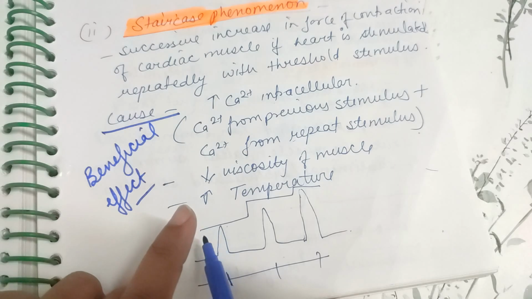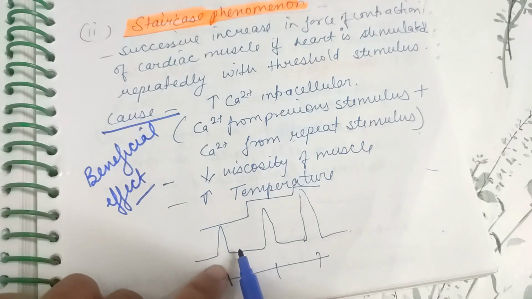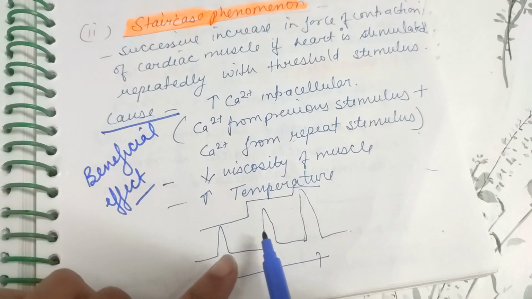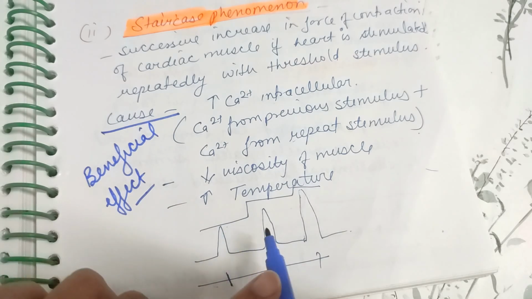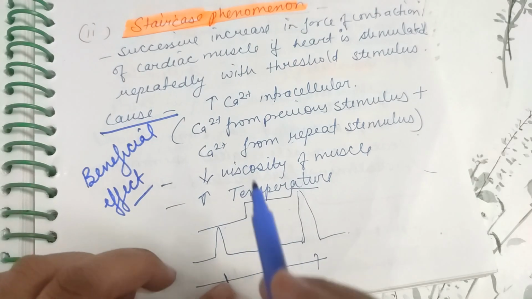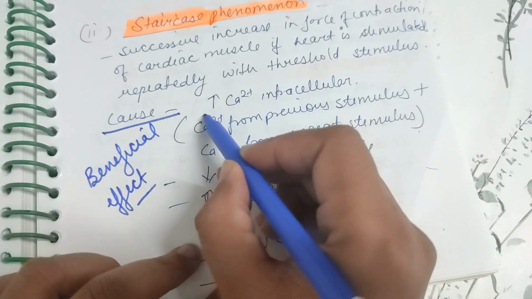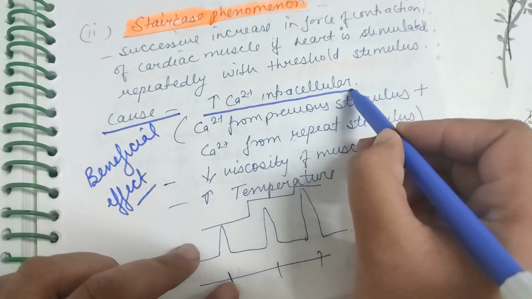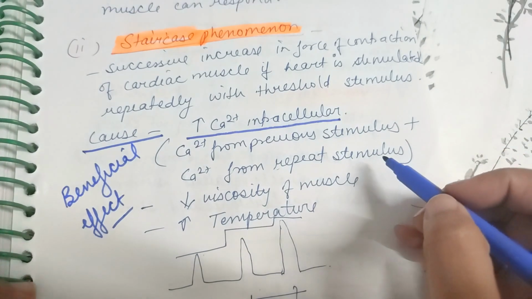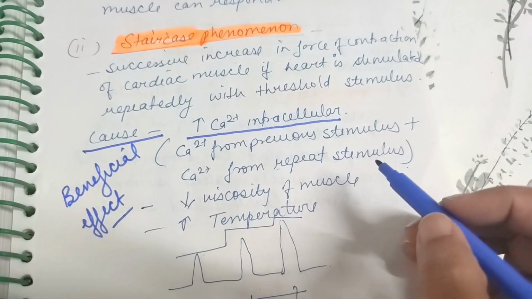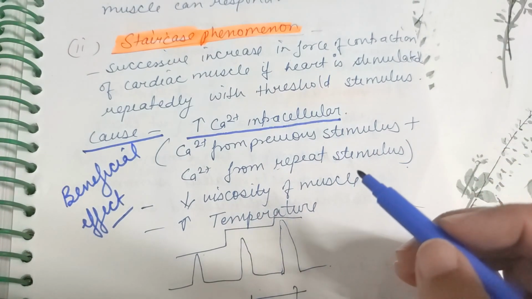Why? The first contraction leaves calcium present inside the muscle, and that calcium is not taken back before we stimulate again and more calcium comes in. So intracellular calcium concentration increases, and we know that higher the calcium, higher the force of contraction; it's directly proportional to calcium concentration.